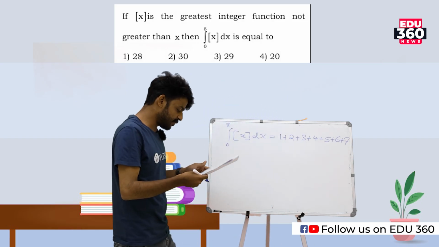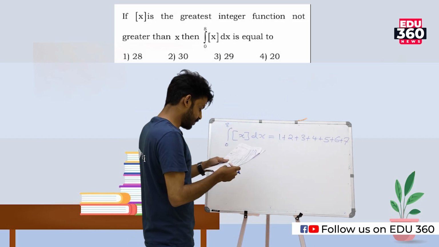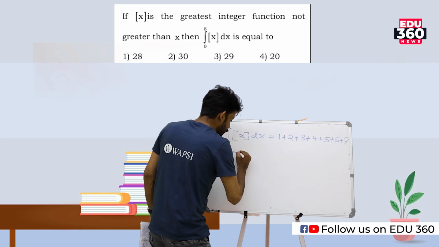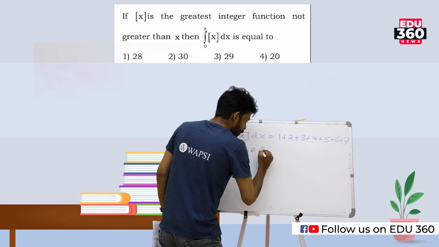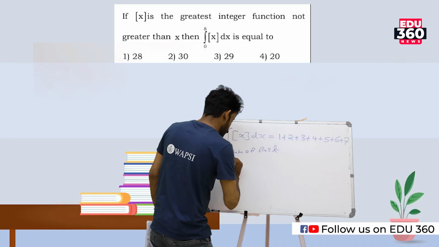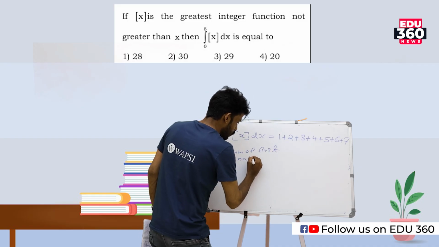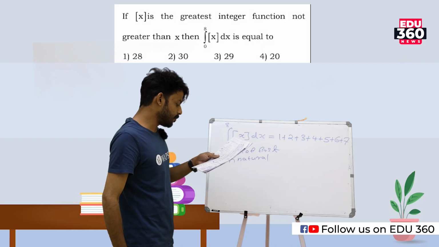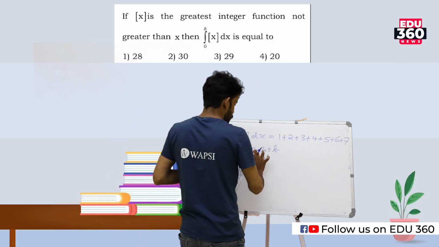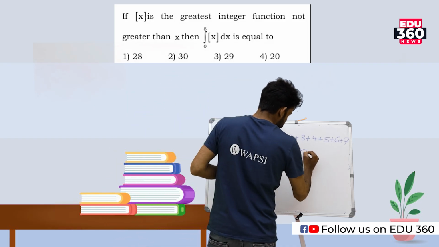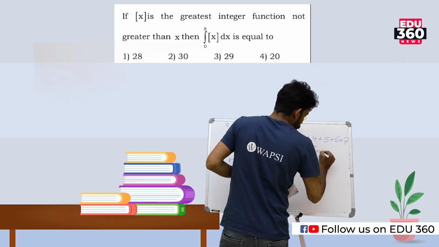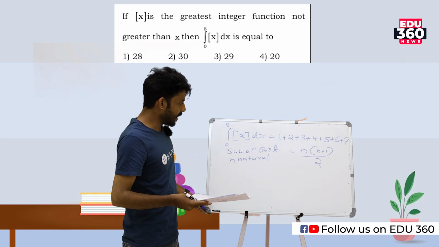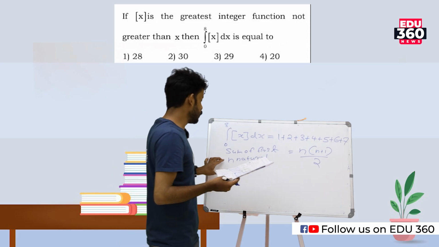The sum of the first n natural numbers is equal to n into (n plus 1) divided by 2.